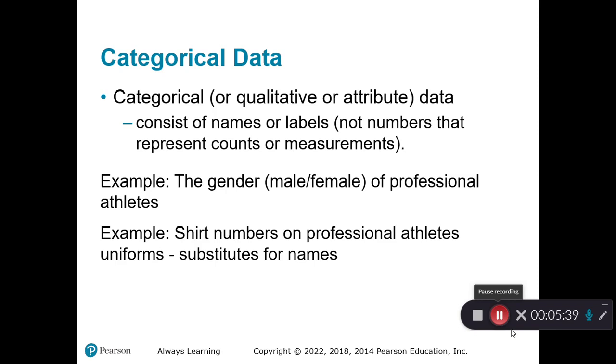For example, we wouldn't say that a player who has a shirt number of 10 is 10 times better than a player who has a shirt number of 1. Those numbers really are labels. They are not acting as numbers do. They're not counting and they are not measuring.